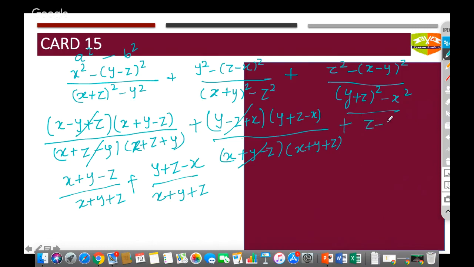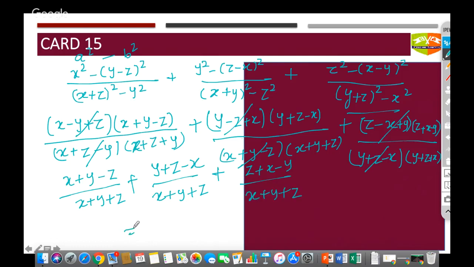This also can be written as (z − x + y)(z + x − y), and here it can be written as (y + z − x)(y + z + x). So this and this get cancelled out, and I get (z + x − y) divided by (x + y + z). Now my denominator is the same everywhere, so I write x + y + z.